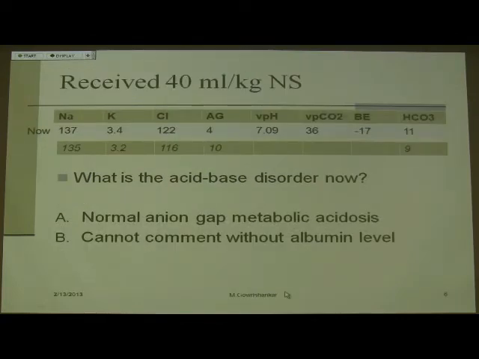Okay, so now the same baby has received 40 mL per kilogram of normal saline, so it's a fair amount fairly quickly. So what is the acid-base disorder now? Now the levels are at the top. Now this is a venous gas. So what do you think is going on now? Please make your selections.